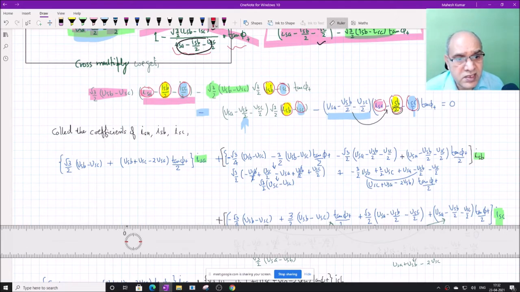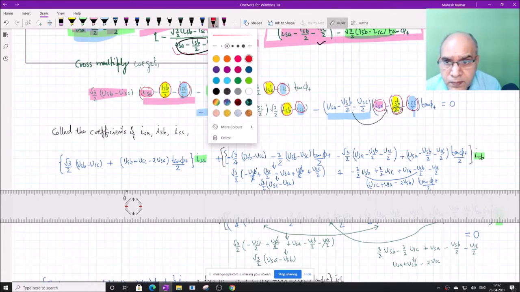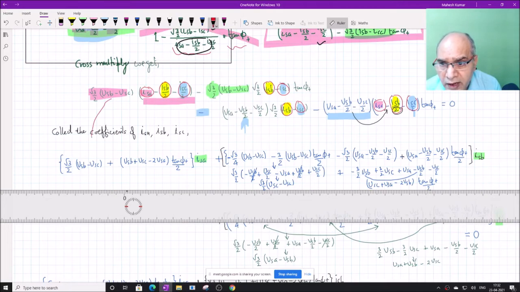Now let us take first ISA. So ISA is here. The first term is ISA into this, so this has been brought here. And the second term is ISA is here, this one, which is minus, and this minus into ISA.